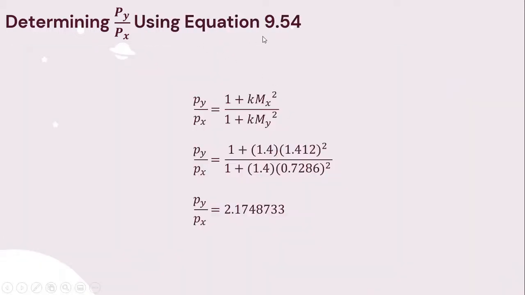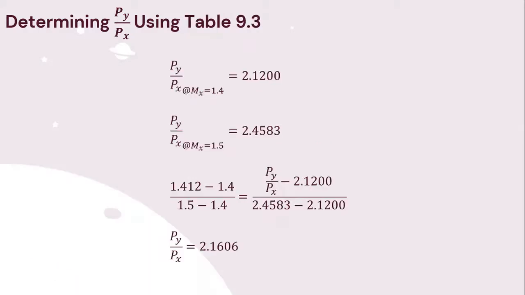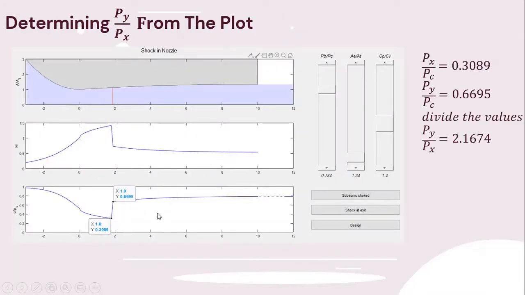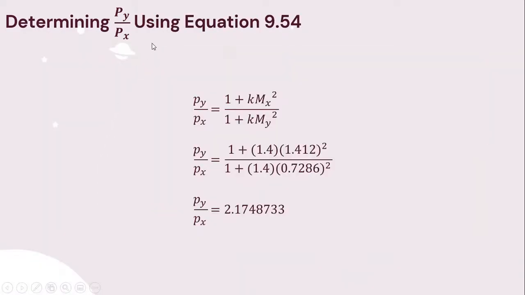Using equation 9.54, we get that py over px is 2.1749, and using interpolation, we get that the value of py over px is 2.1606. So if we compare, the value from interpolation and the value from the plot are actually close, while the value from equation 9.54 is a bit different. It is a bit far from the values of these two methods.